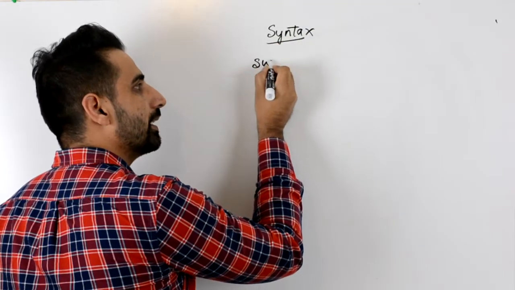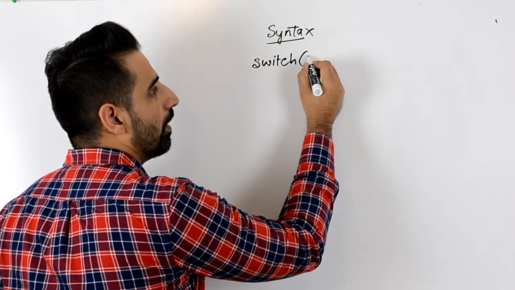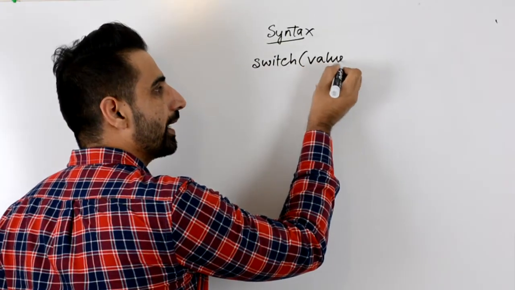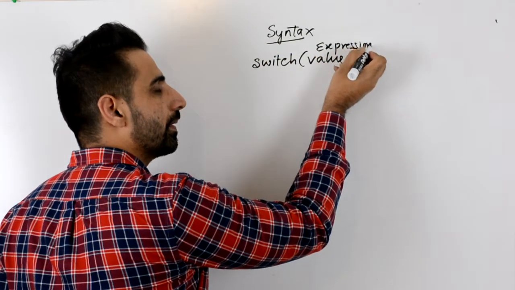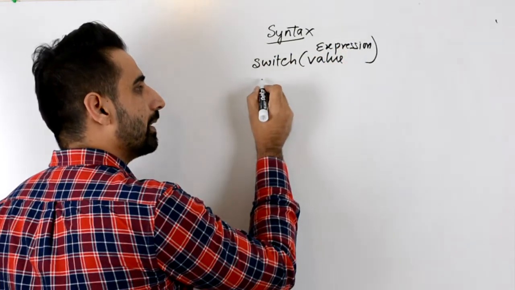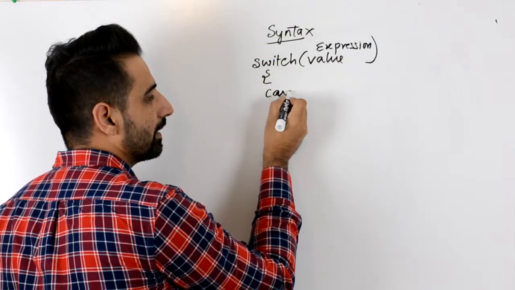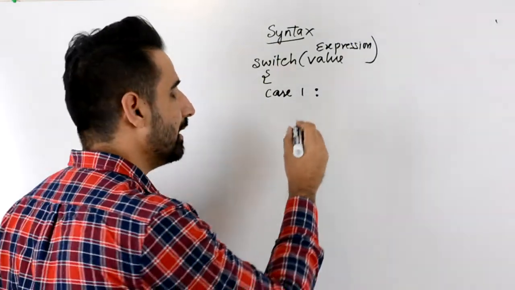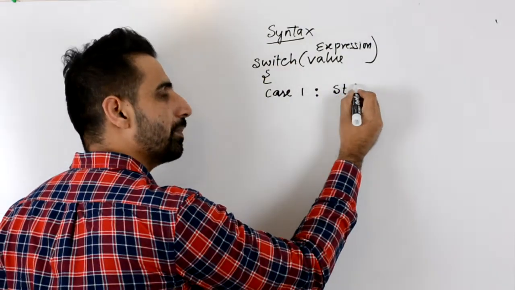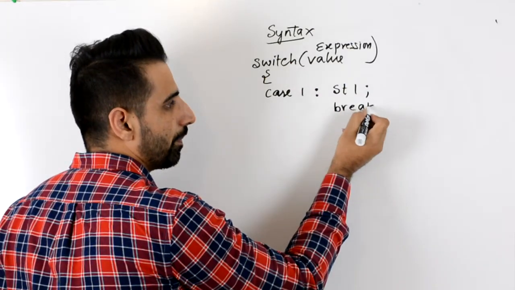First we'll write down switch, everything will be in small case. Then here we have a value, or we can say expression. Then we start a curly bracket and then we say case 1. Then we put a colon sign, and then we write statement 1, and after that break.